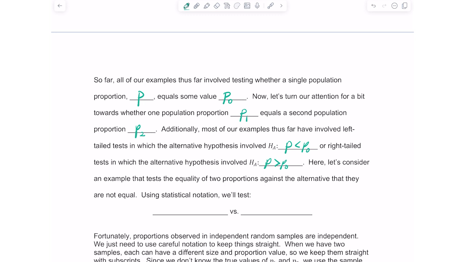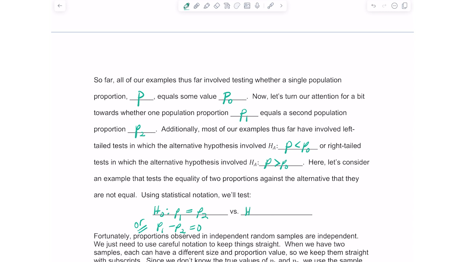Using statistical notation, what we're really going to test is for our null that the population parameter from population 1 is equal to the population parameter in population 2. Another way of writing that is that p1 minus p2 equals 0. That's just saying there is no difference between the proportions of both populations, because that's what the null would say.